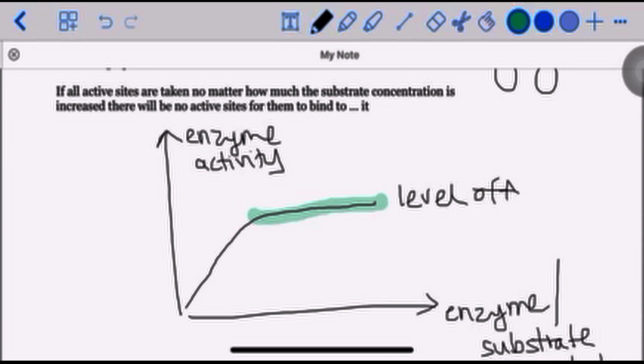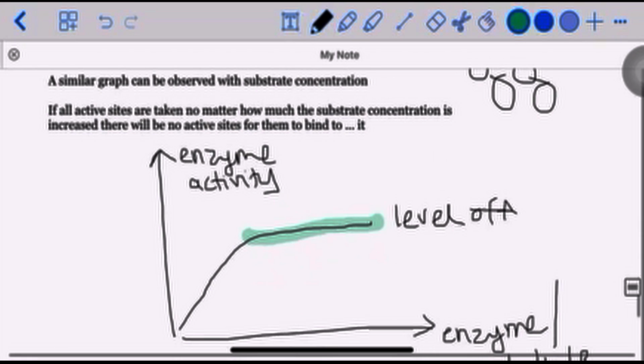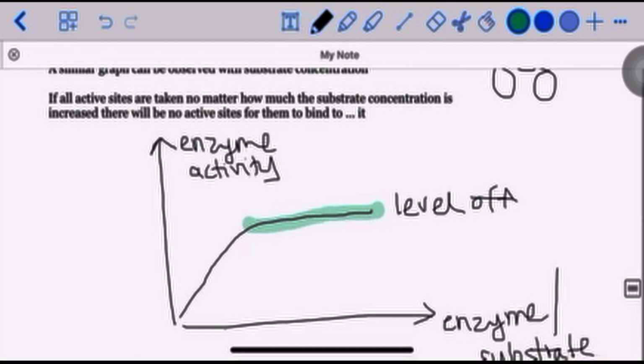The graph levels off. This happens because no matter how much you increase your enzyme concentration, if your substrates are limited, if there is nobody to bind to the active sites, that means that there won't be a reaction taking place. This is the same for the substrates.